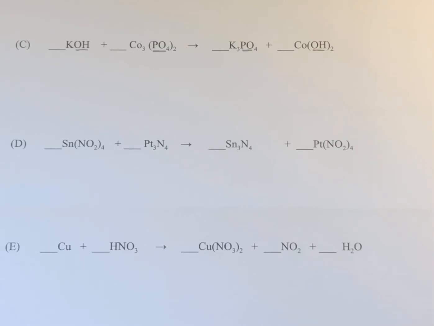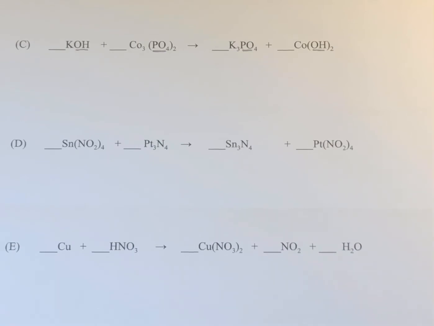So the OH hydroxide ion on the reactant side shows up again on the product side with the same formula OH, and phosphate PO4 shows up on the reactant side and the product side without a change in its formula.